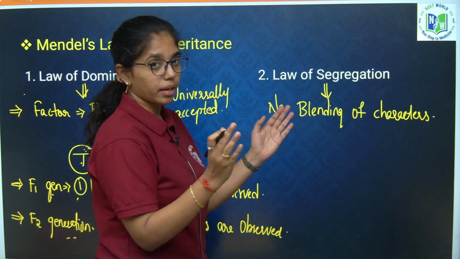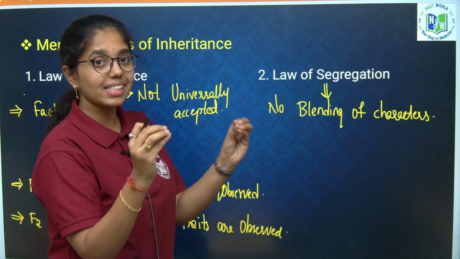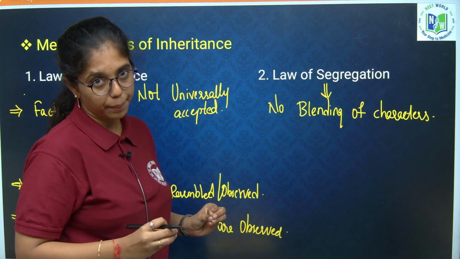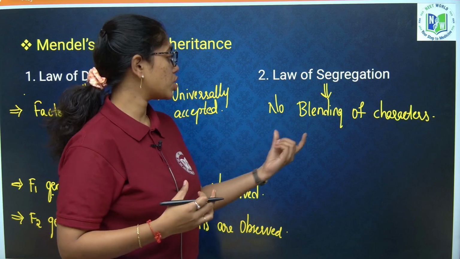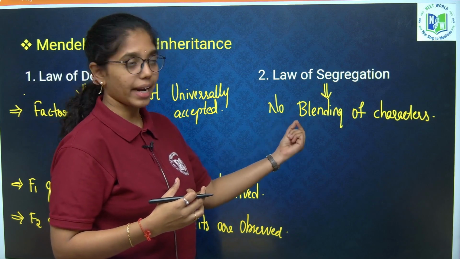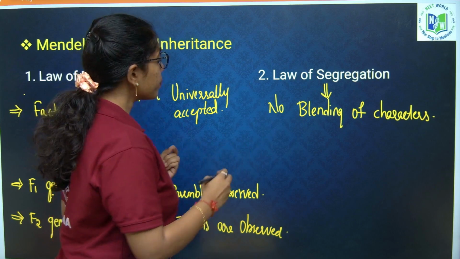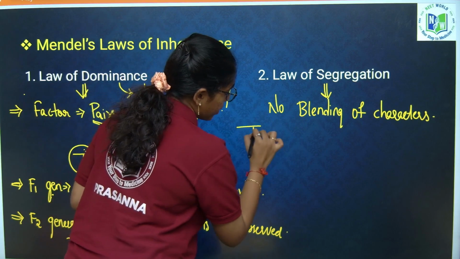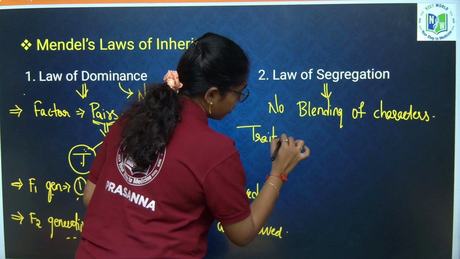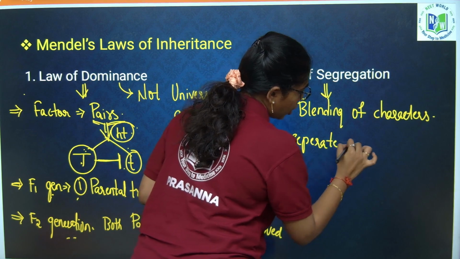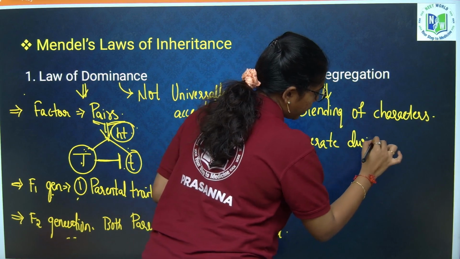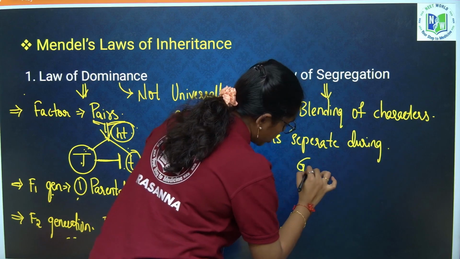All the alleles or traits get separated during the time of gamete formation, and each trait expresses its own feature, but there is no blending of characters or traits.